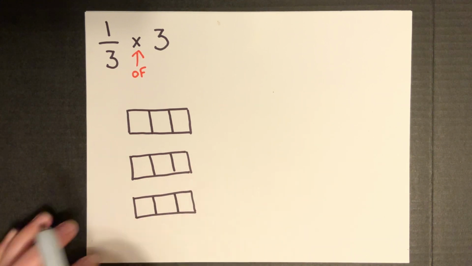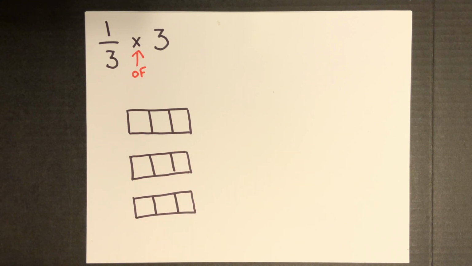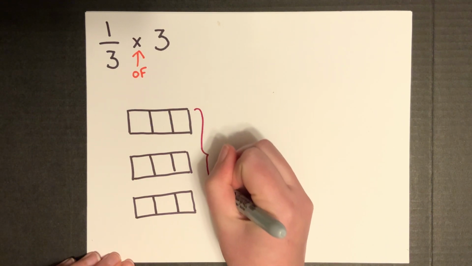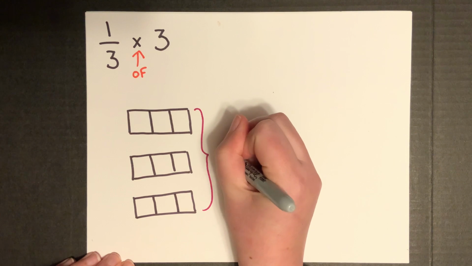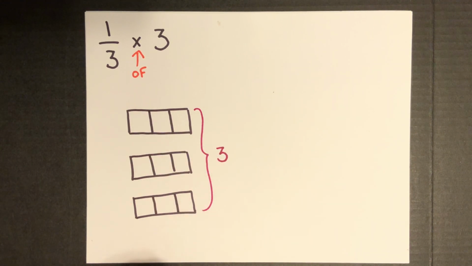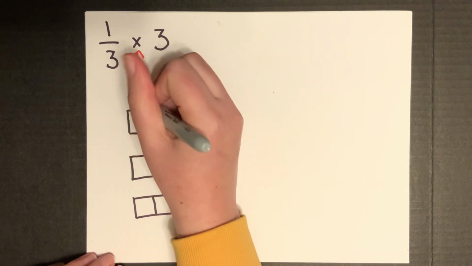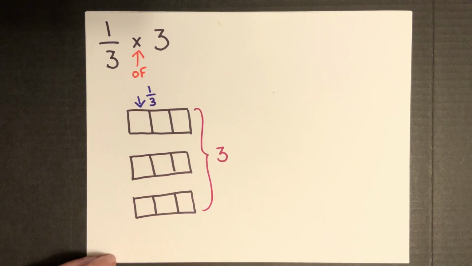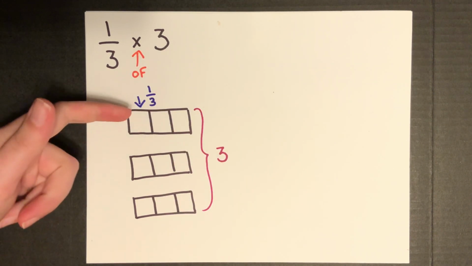And if we were going to label this array, we would label it as this is 3, and each of these is 1/3. So we want to know what 1/3 of 3 is.